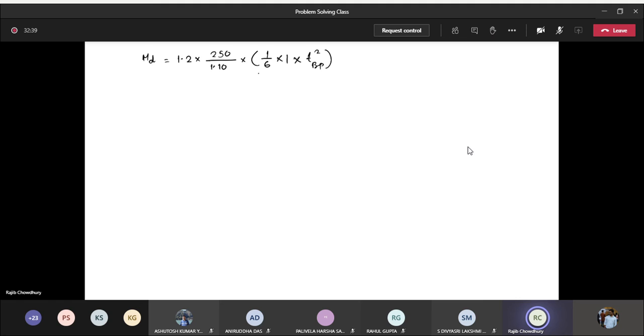This is the section modulus ZE, which is becoming 45.45 TBP square, which is equated to 34083.33. Okay, so from here we could calculate what is the TBP square.